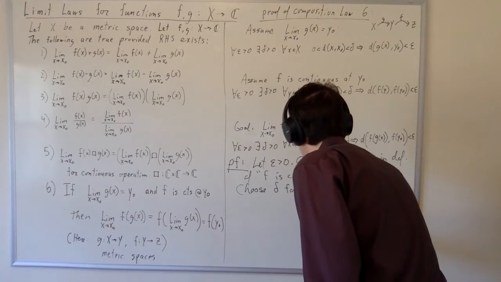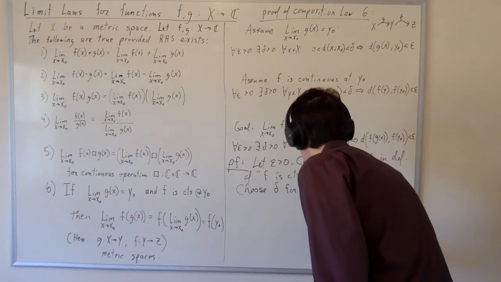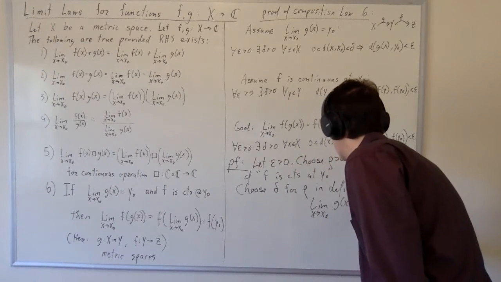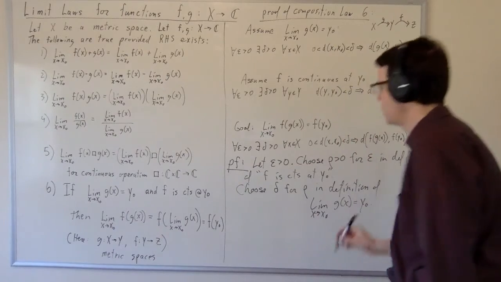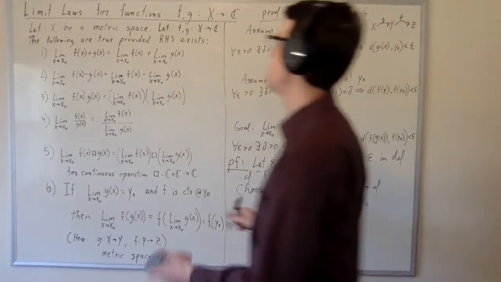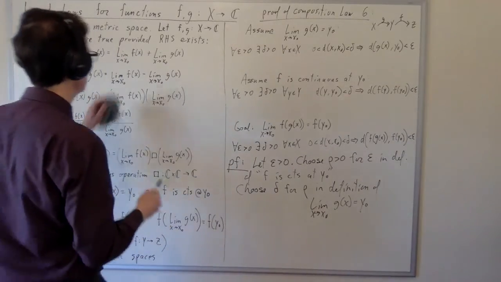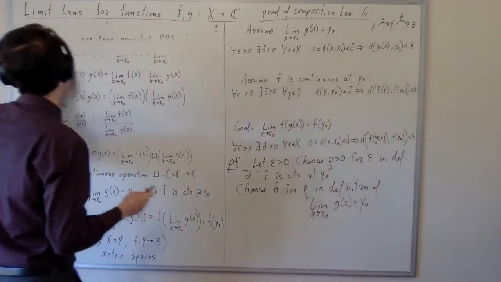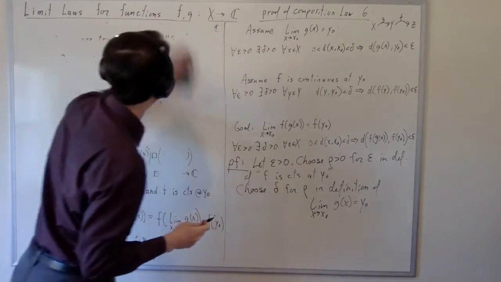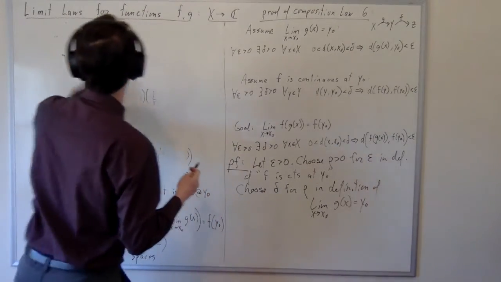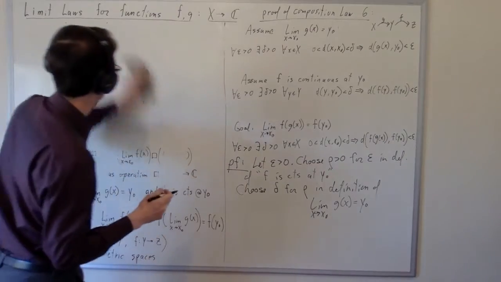So the limit as x goes to x naught of g of x is equal to y naught. All right, now having made these choices, I think it's useful to spell out what we know about these values. So I'm going to erase this theorem statement and spell out what we know about what's happening with rho and delta.